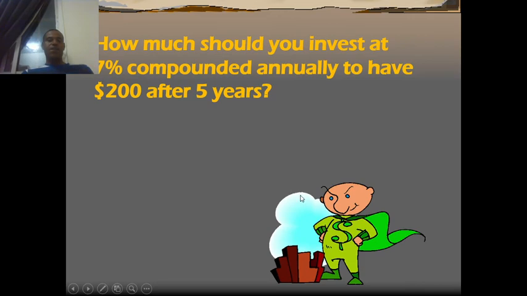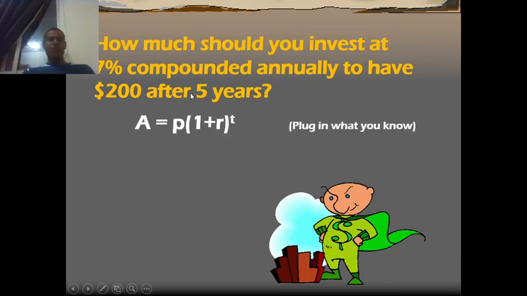Another exercise, my learners. This exercise deals with how much should you invest at 7% compounded annually to have $200 after 5 years. Okay, so the interest rate is 7%, and to have $200 after 5 years, you just plug in what you know.